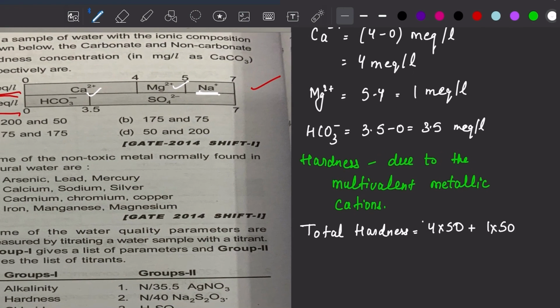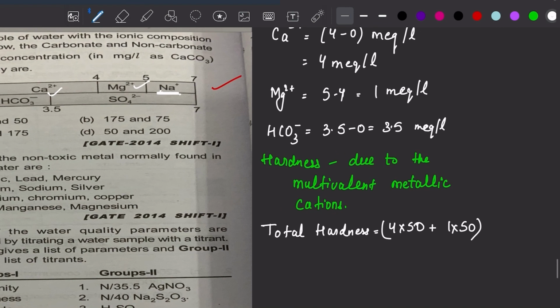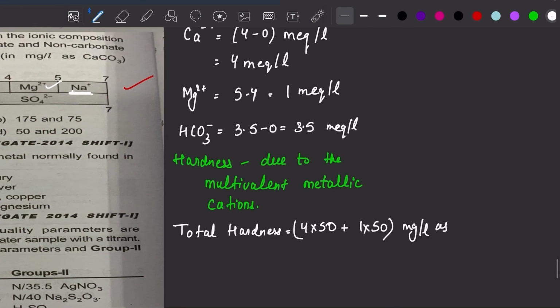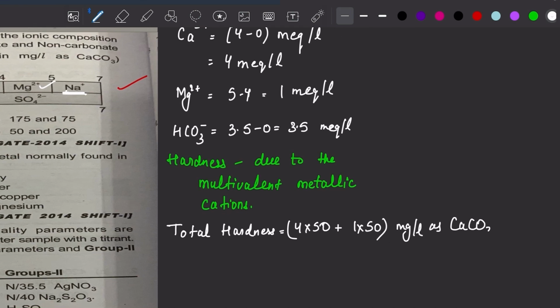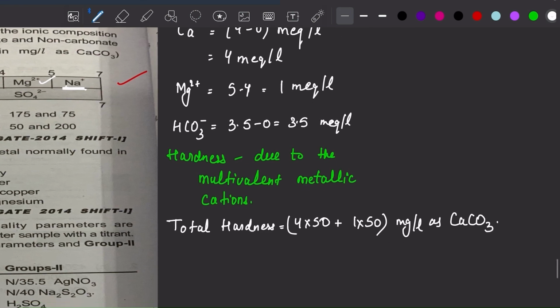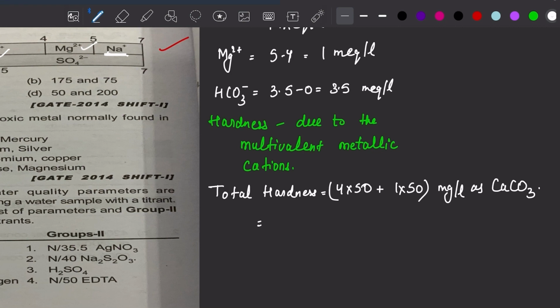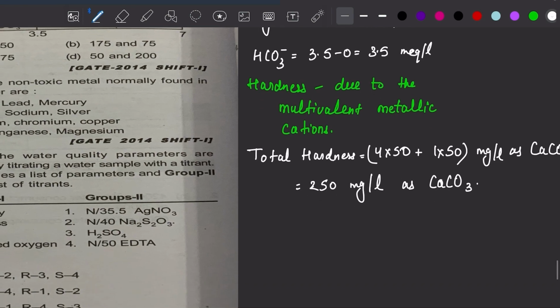So now we got it in milligram per liter as CaCO3. So this is the total hardness. It comes as 200 plus 50, 250 milligram per liter as CaCO3. Okay, so this is the total hardness.